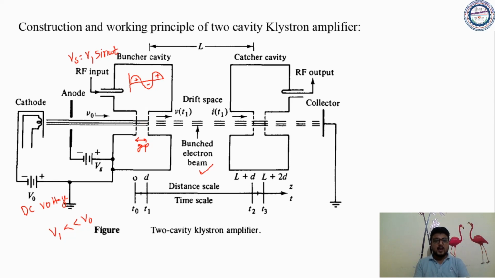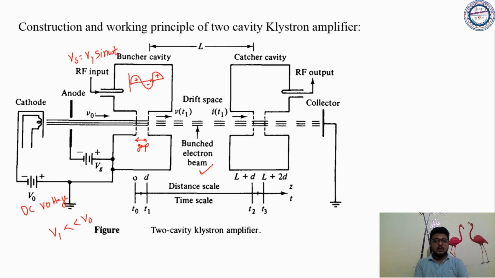So we can see we have the applied voltage. This is a weak signal RF input called Vs equal to V1 sin omega t. So I have drawn this. Some of the electrons may come in the negative half cycle, some may come at this point, and some may come at the positive half cycle. In this cavity gap, the electron which passes through the negative half cycle is decelerated, meaning its velocity will decrease.